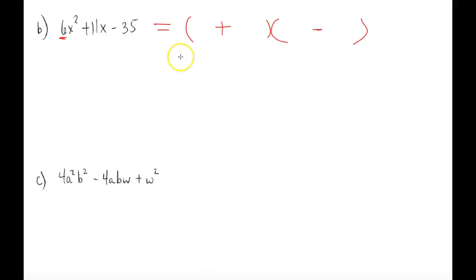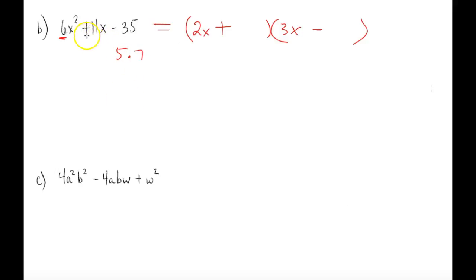I'm going to use the factors that are closest together, so this would be 2x, that would be 3x. After that, I know that the factors of 35 are 1 times 35 and 5 times 7, so I'm just going to use 5 and 7.